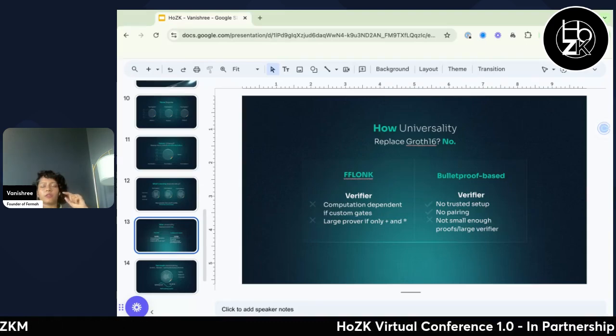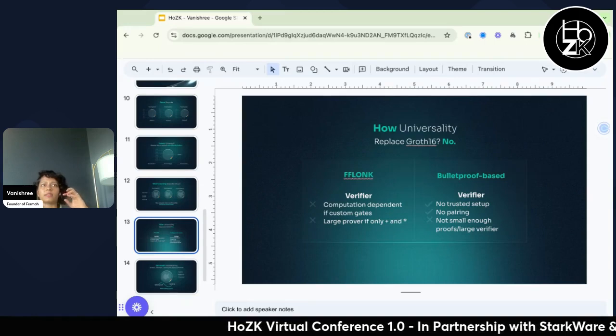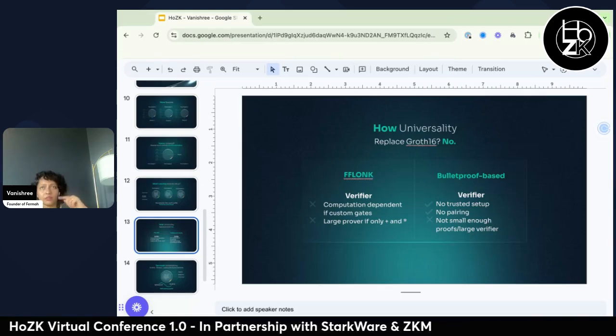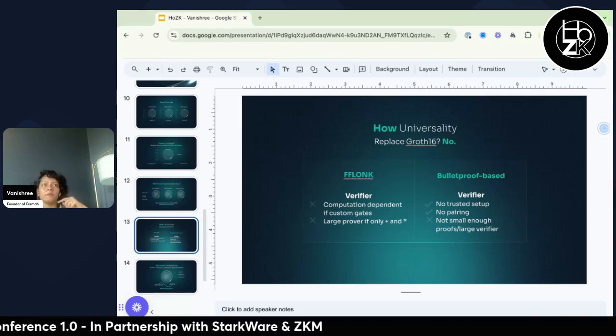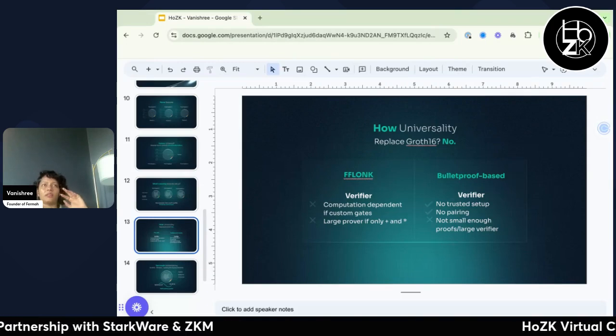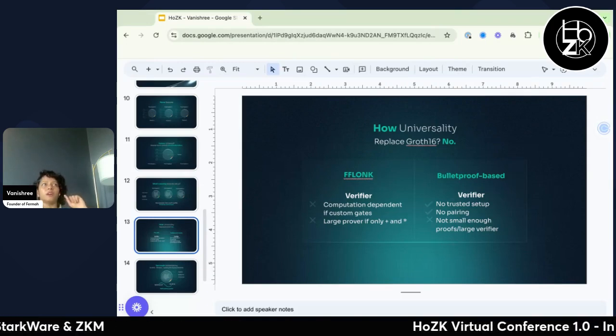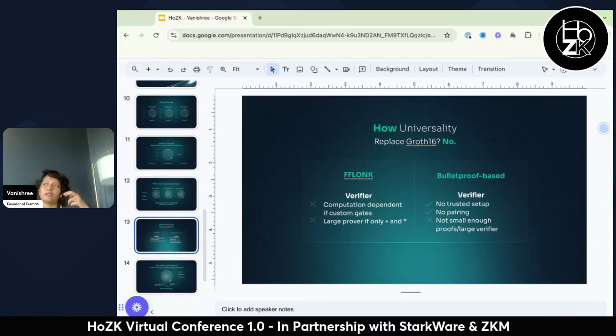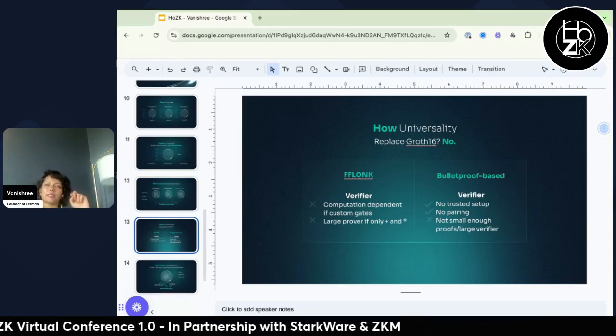The other direction is representing the verifier of the inner proof system with some custom gates. Then the outer proof verifier will depend on the number and the type of custom gates you'll have. So you're settling for something less than ideal.